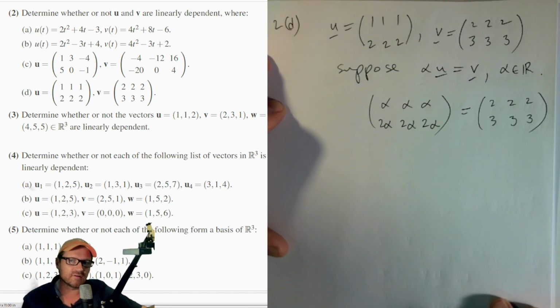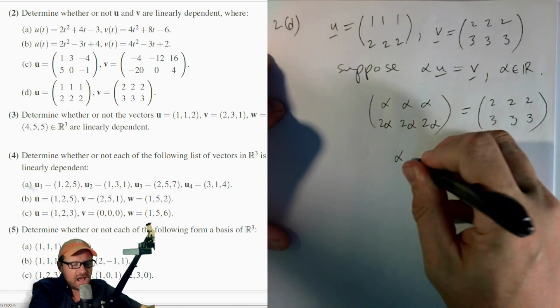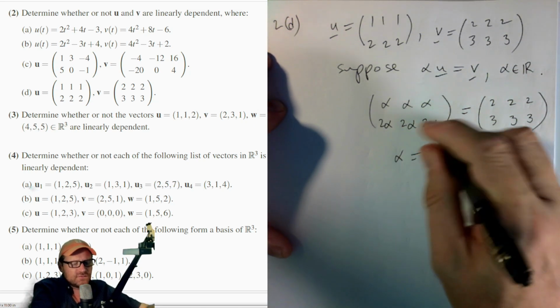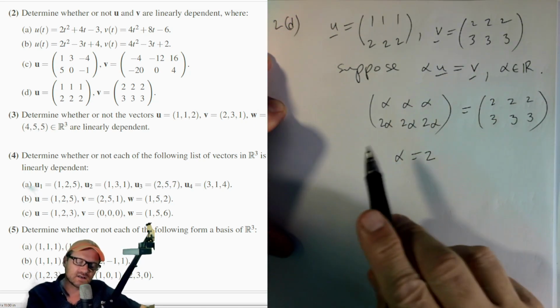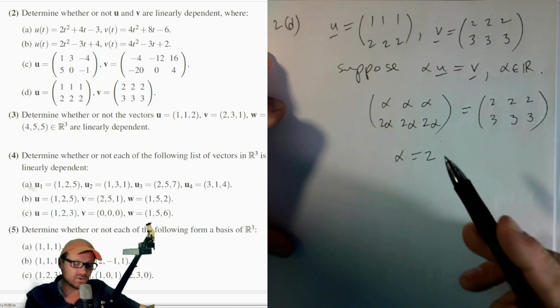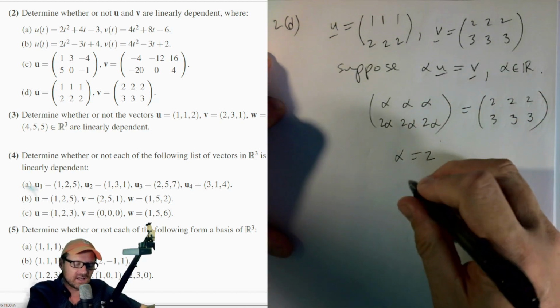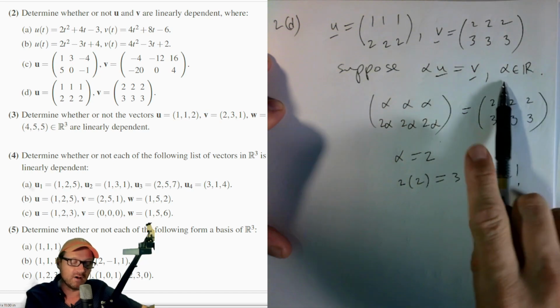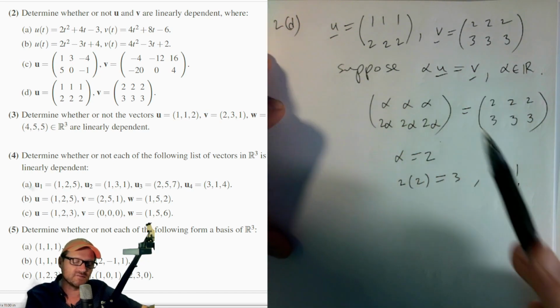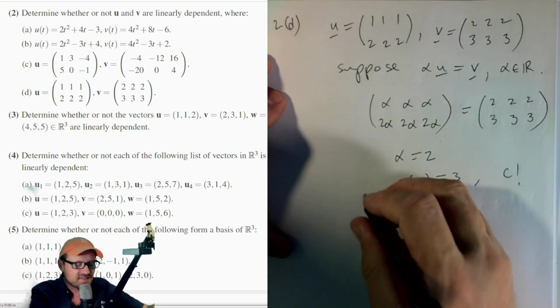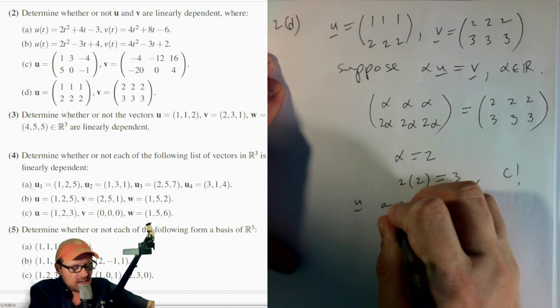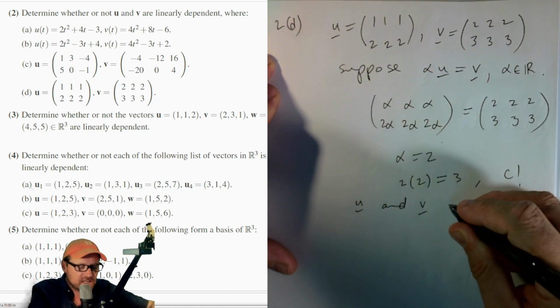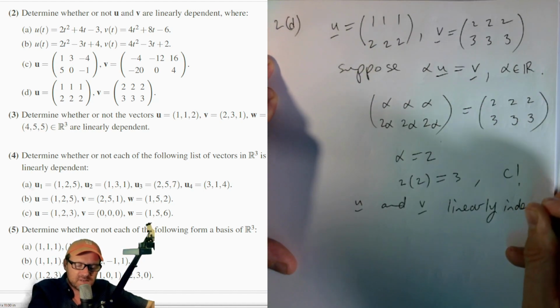We see from matching entries that alpha would have to be equal to 2 from the top row, but that is not consistent with the second row, which says that 4 is equal to 3. This gives a contradiction to the assumption that there is a real number alpha such that alpha times u is equal to v. And so we see that u and v must be linearly independent.